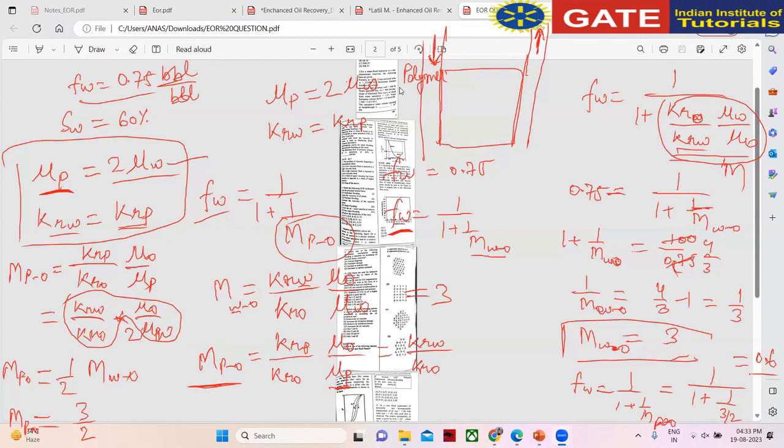Your KRO is the same, mu O is the same, but the viscosity of polymer is twice the viscosity of water. So you take common 1 by 2, KRW over KRO, mu O divided by mu W, which is equal to the mobility ratio of oil and water.